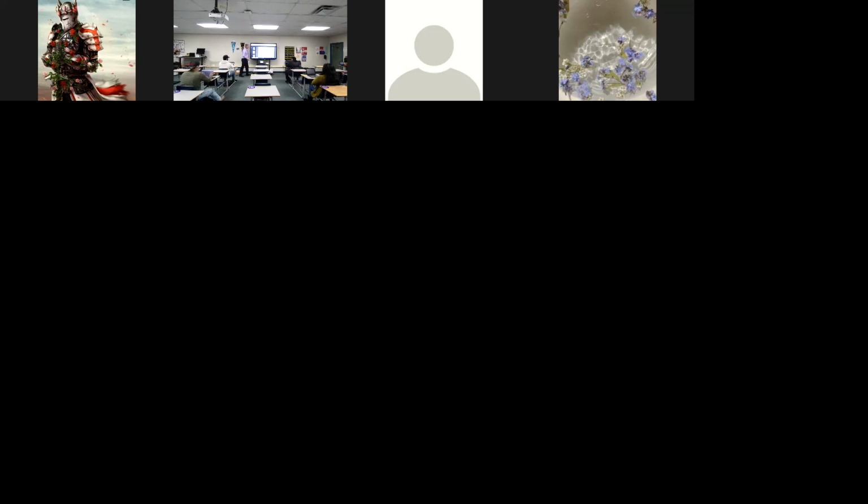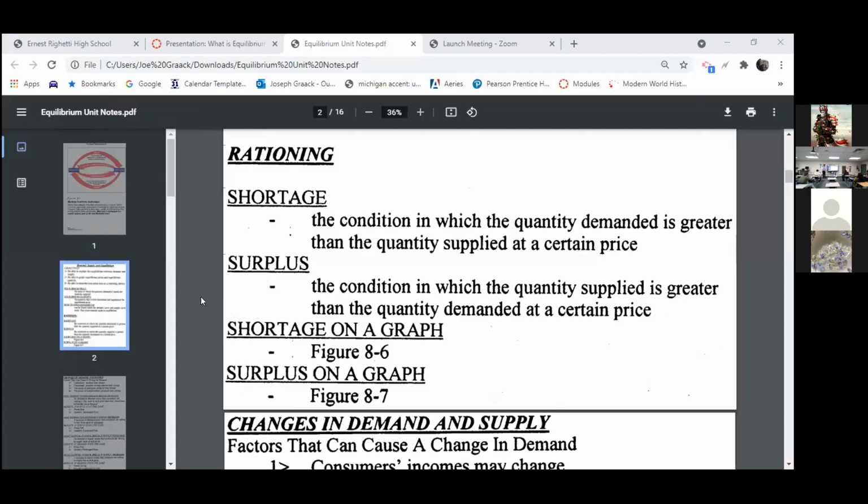So a couple of things. When we put both supply and demand together and created a market schedule, we've got two different areas, and I'll illustrate this in the picture as well.